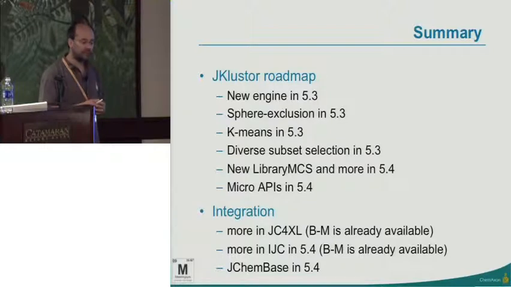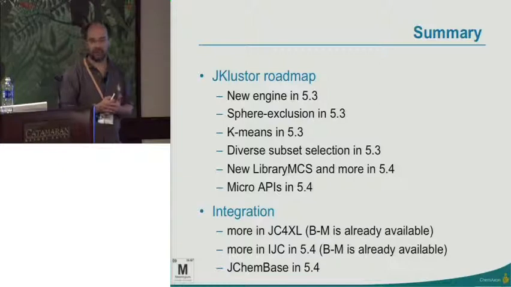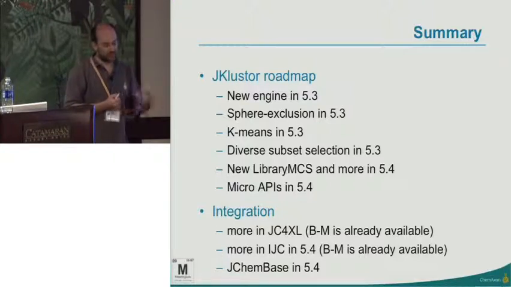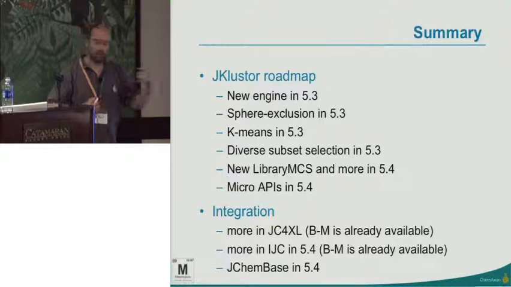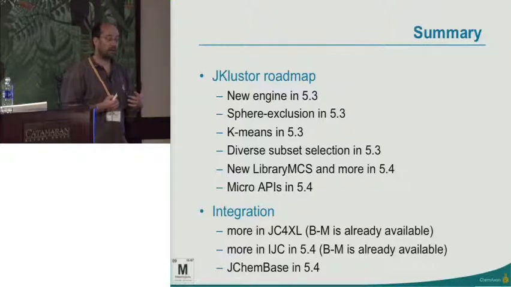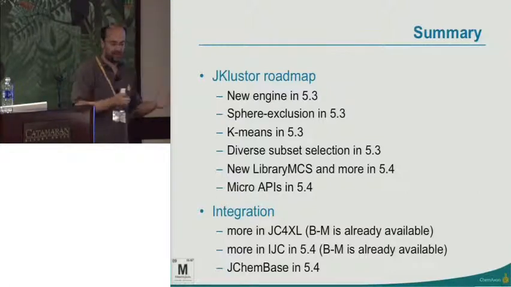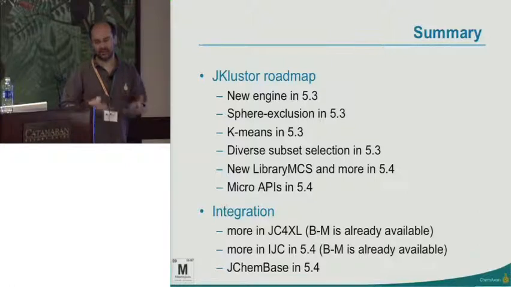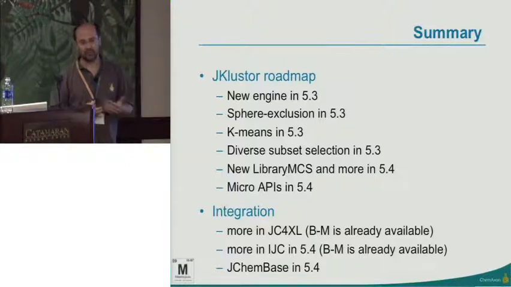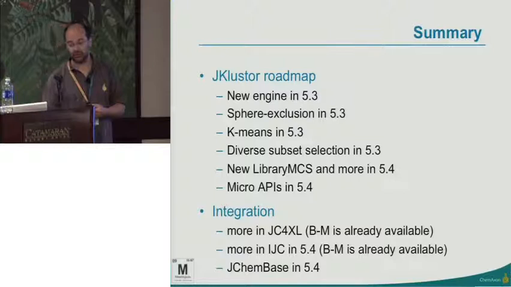For us in the future, the key issue is integration. As you saw, Bemis and Markov frameworks are already integrated in JChem for Excel. They are also available in Instant JChem. Now, based on this new architecture, all clustering algorithms we have and will have will be instantly available in Instant JChem as well as in JChem for Excel.